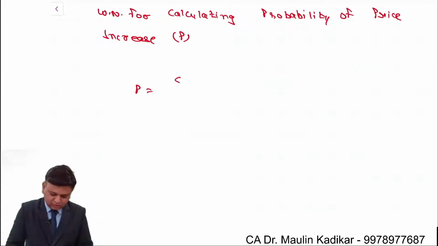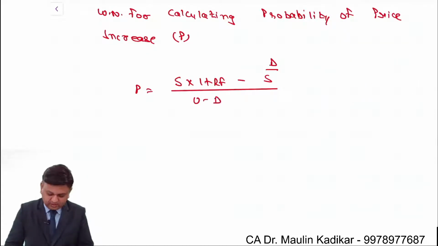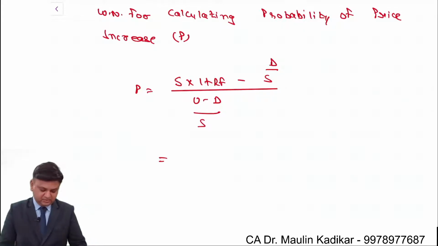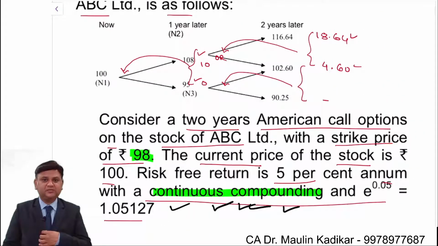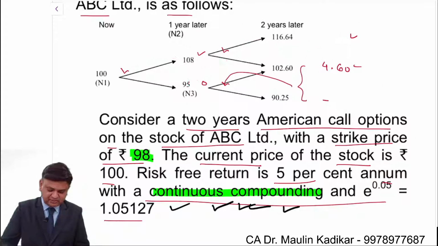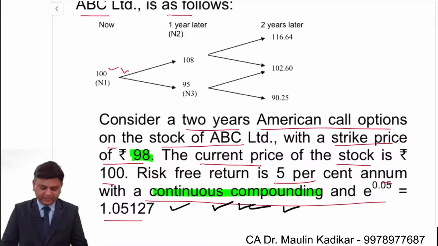So P is equal to spot into 1 plus RF minus D upon S, whole divided by U minus D upon S. This is the formula to be applied. We know there are other formulas also, but this is one of the formulas that you can always apply. I am taking the spot price as 100. If you take 108 and do it, that is also fine. 95 and you do it, that is also fine.